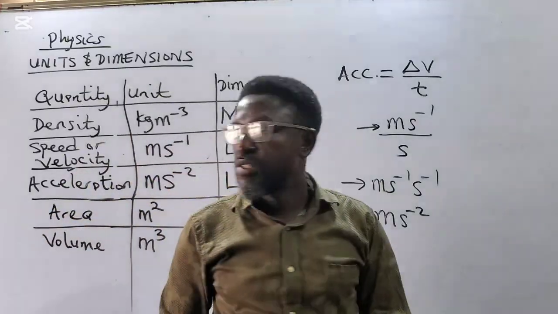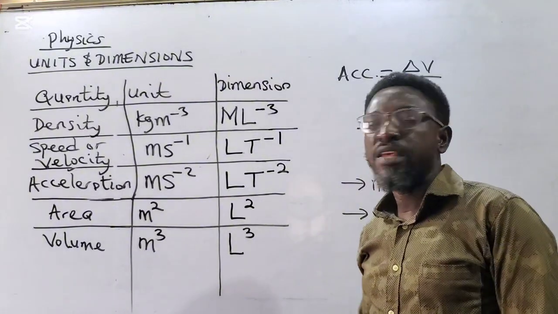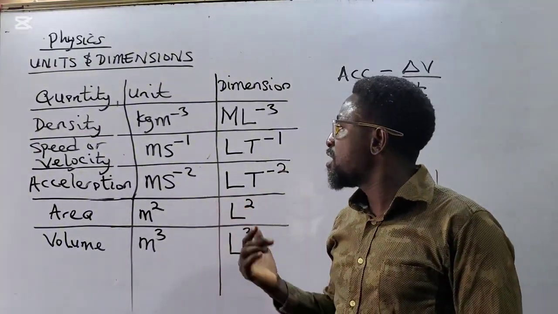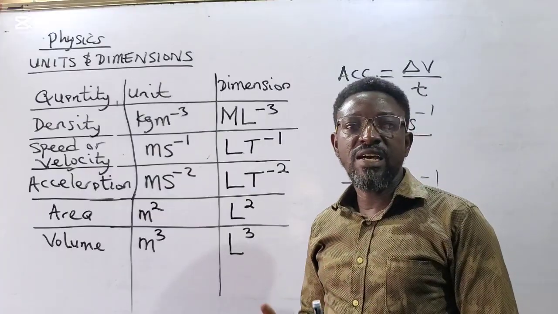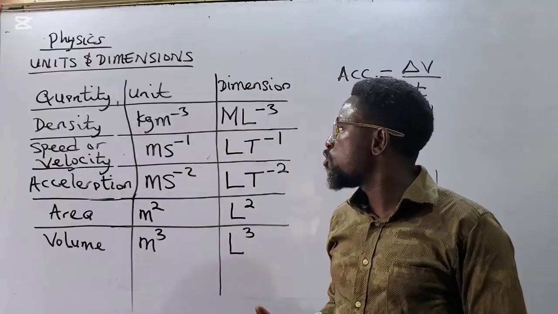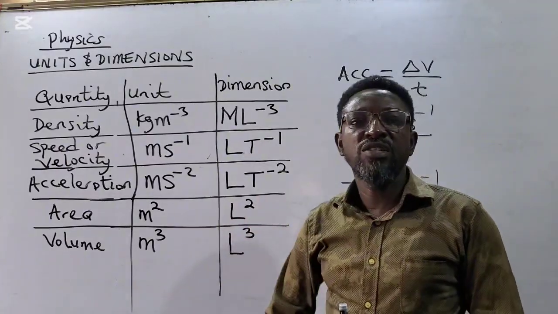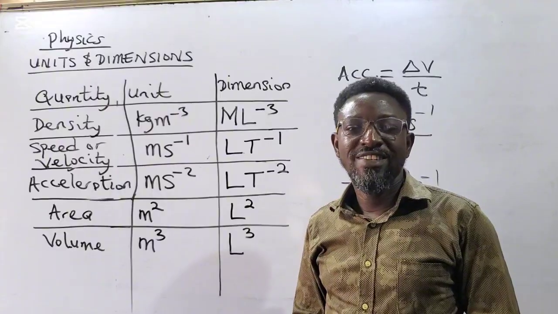These are easy things for you to memorize. Or better still, just understand the basic dimensions for mass, length, and time. If you understand that, from there you'll be able to derive the dimensions of other quantities.